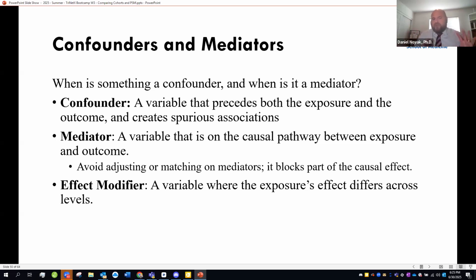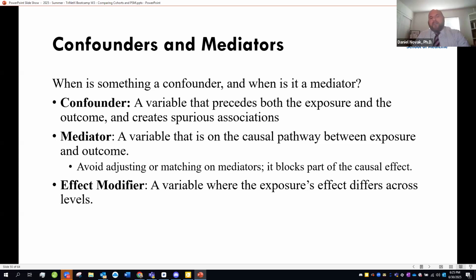So in this case, we know that the statins impact the person's hyperlipidemia, so it seems to be okay to have that because that's on the way to our causal outcome. We want to adjust for that confounder between the two groups that precedes both the exposure and the outcome. However, we don't want to include mediators. I just did a really bad job of explaining that.